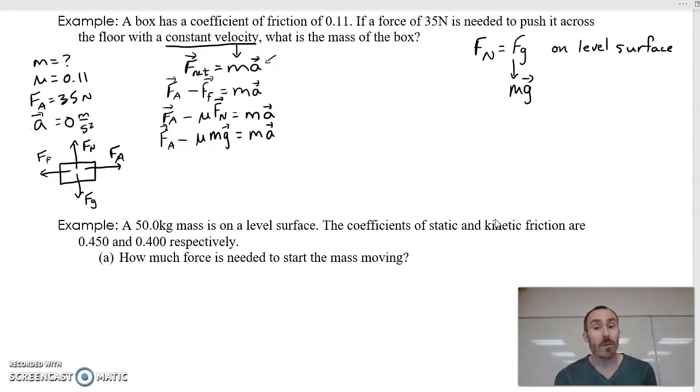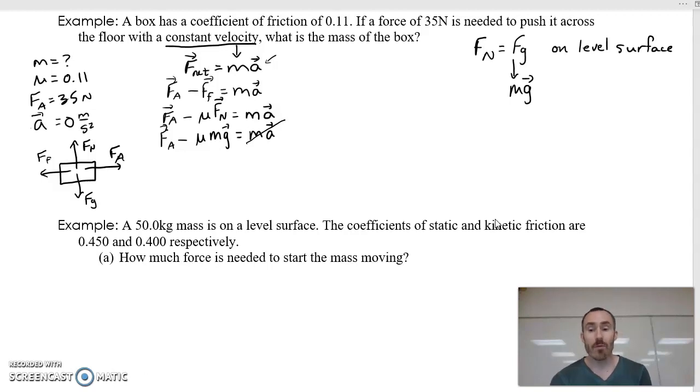And here is where our problem disappears. We thought that by putting in the 0 for the acceleration at the beginning, we would be basically erasing the variable that we're trying to solve for. But there's actually another variable in this equation, and that's in the friction formula. So we can put in the 0 over here and cancel this guy out, because we still have an m over there.